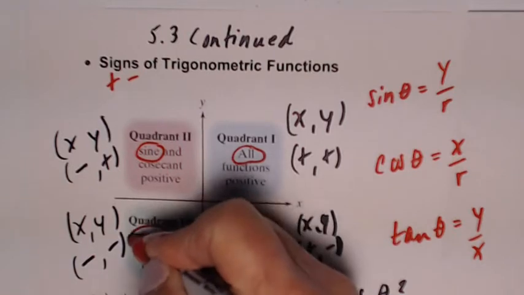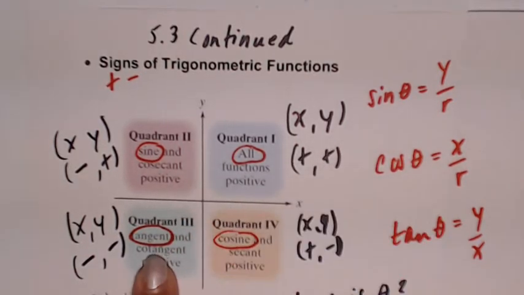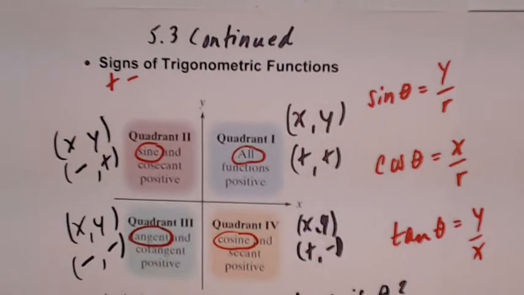So tangent is positive in Q3, and then of course its inverse partner, cotangent, will also be positive there. So this is the reasoning why sine, cosine, and tan have the positive and negatives that they do.